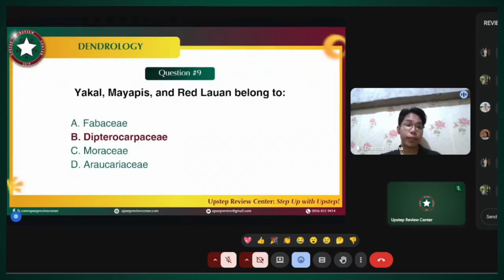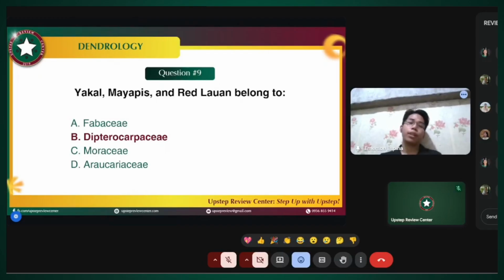The correct answer is letter D, Dipterocarpaceae. So again, for this one, family level recognition eliminates many wrong choices. So bakit hindi Fabaceae? Kasi nga yung mga Narra or plain tree. And then when it comes to exams, knowing major dipterocarp species is a high return review strategy. So emphasize or highlight dipterocarp species as well when reviewing.